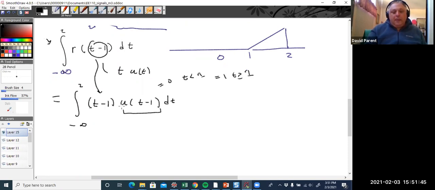And so we know that for time less than 1, this is going to be 0, and the integration of 0 is 0.